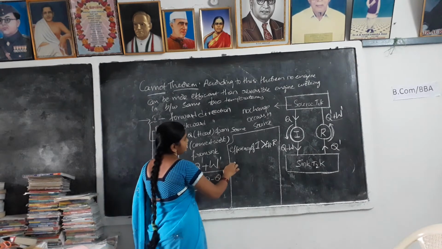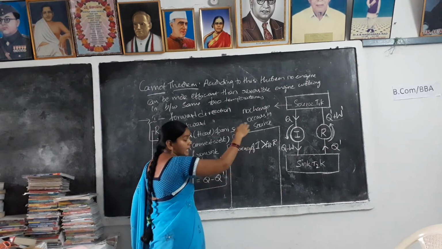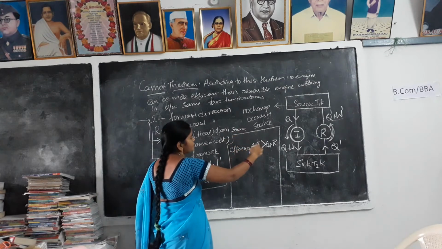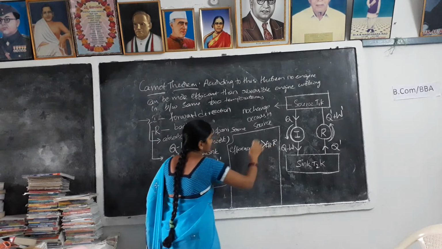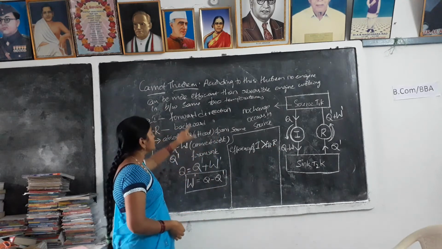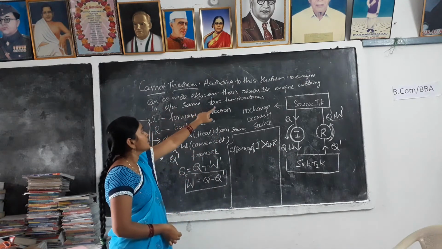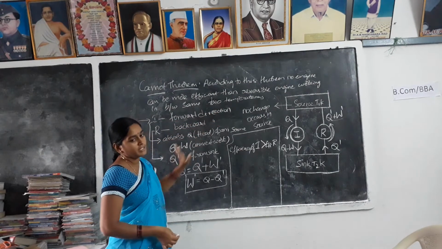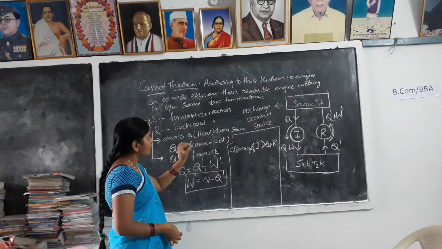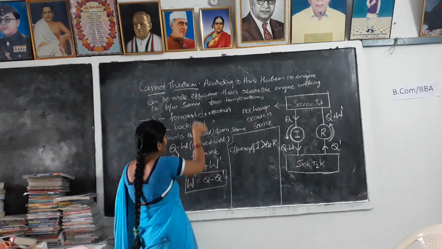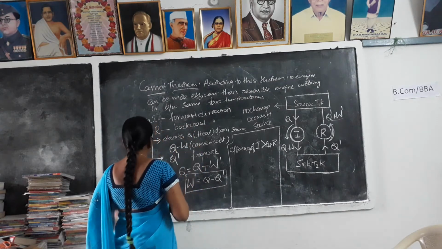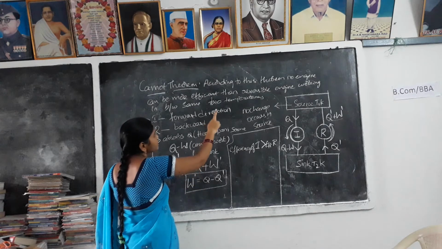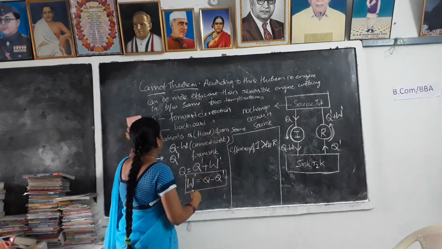Let us consider here, according to our explanation, efficiency of irreversible is greater than efficiency of reversible, but according to our definition here reversible engine is more efficient. So in order to prove that this is one of the case, right? So let us discuss this efficiency of reversible in another case.